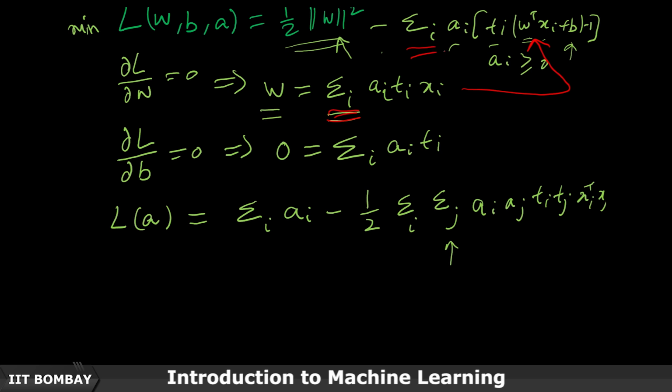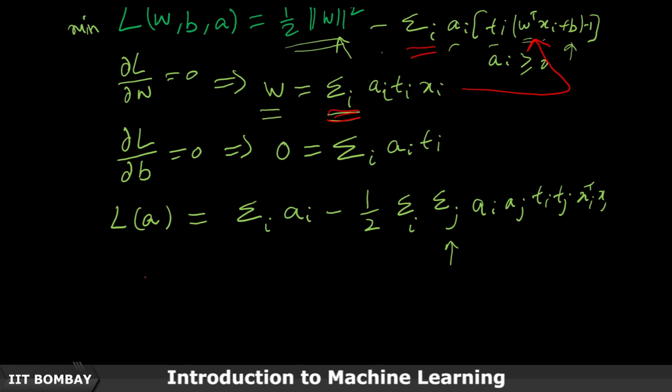These are going to be two different summations. Both will be running over all training points. So one will be over index i, the other will be over index j, so that we have non-same index pairs like x_i and x_j. So once we have that, this is the equation that we will get.